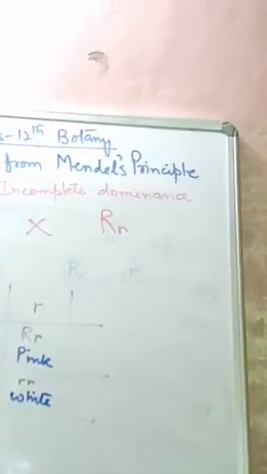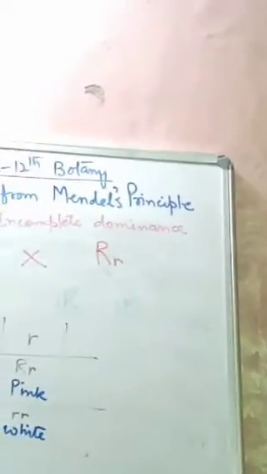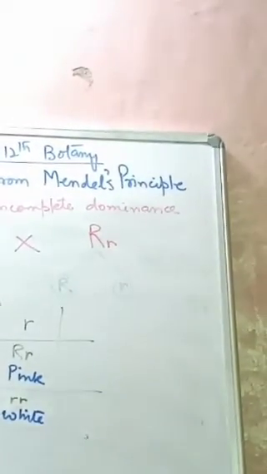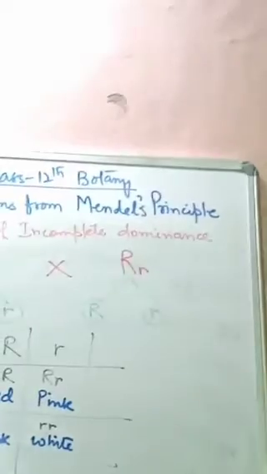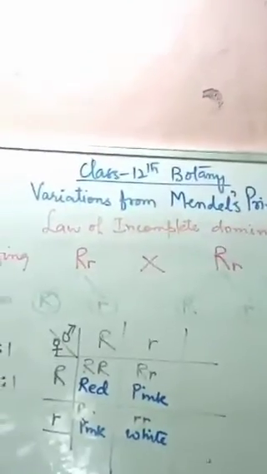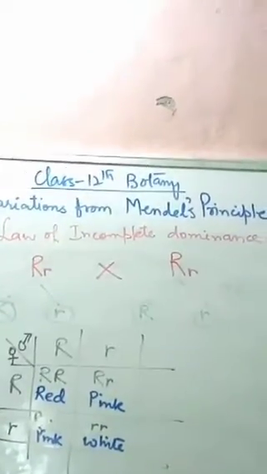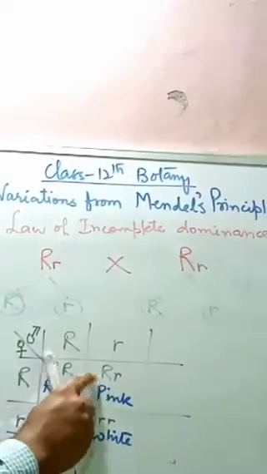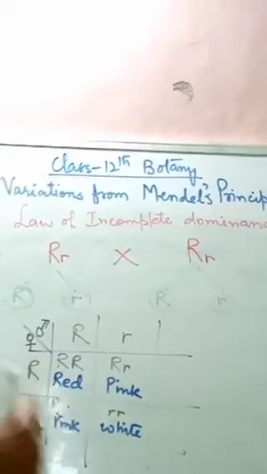So the phenotypic ratio will be 1:2:1, and the genotypic ratio will again be 1:2:1. अगर हम Mendelism में देखेंगे, then the phenotypic ratio would become 3:1, and the genotypic ratio was 1:2:1. It is the heterozygous, it is homozygous, it is homozygous.